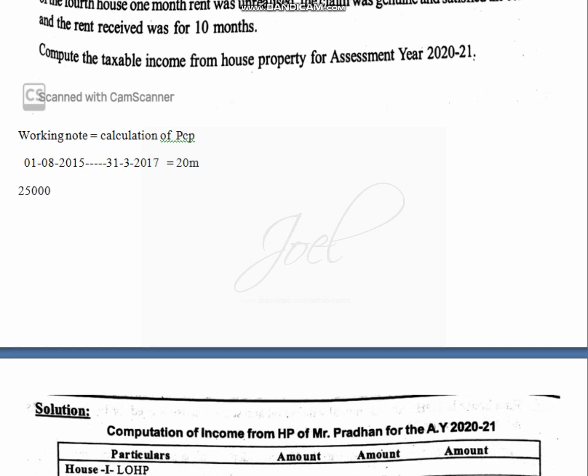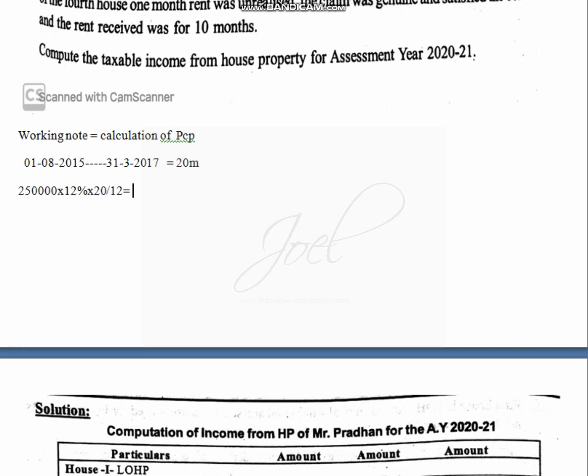You can solve it now. 2,50,000 into the rate. Rate is given there in the problem. It is 12%, multiplied by 20 months divided by 12 months.